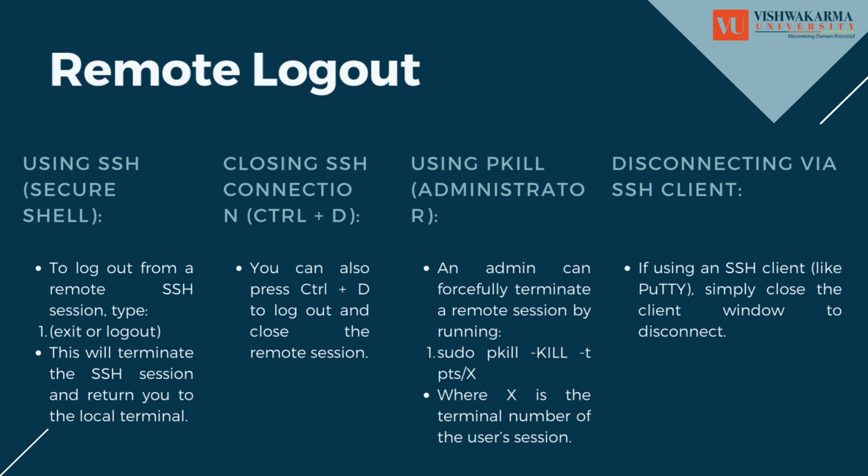Third is using pkill by the administrator. An admin can forcefully terminate a remote session by running sudo pkill -kill -t pts/x, where x is the terminal number of the user session. Disconnecting via SSH: this point tells us that if using an SSH client like PuTTY, simply close the client window to disconnect. Moving to the next slide.